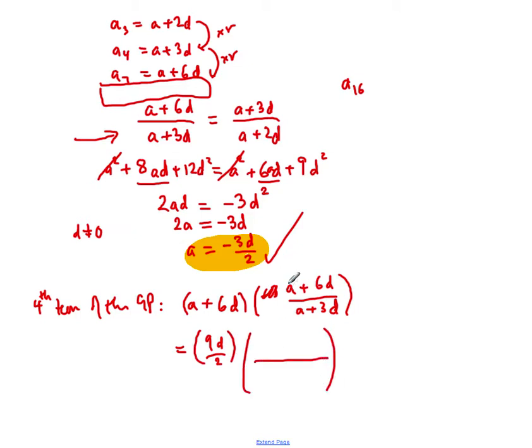In here we get minus 3 over 2d plus 12 over 2d is 9 over 2d. Minus 3 over 2d plus 6 over 2 is 3 over 2d.